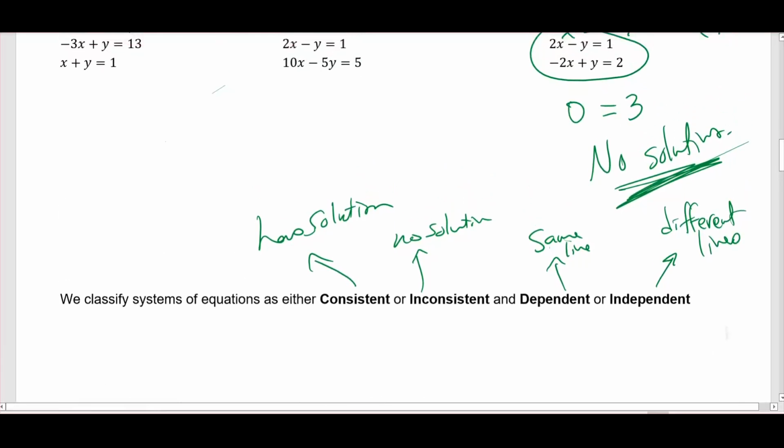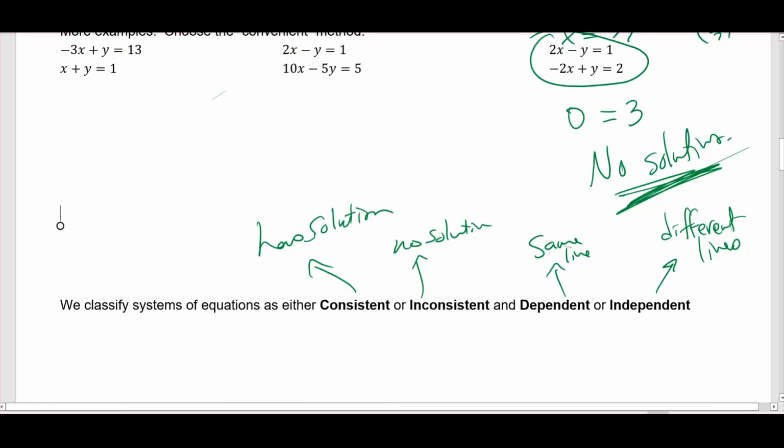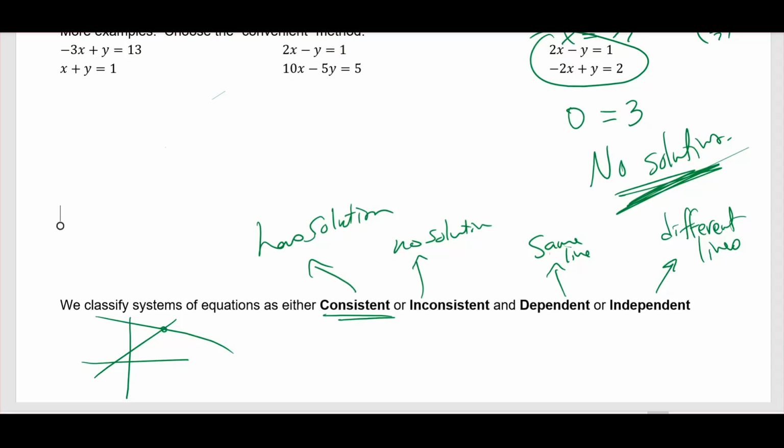So if we were to draw pictures of this, a consistent system is going to have a solution. So if I drew my lines, I would have, hey, there's a point right there where they intersect, and that's going to represent your solution. If we have no solution, well, that's going to be two parallel lines, right? They're never going to touch.